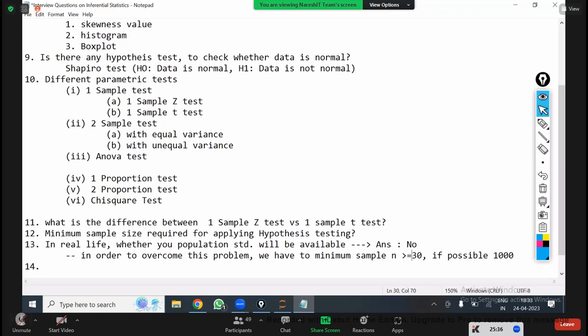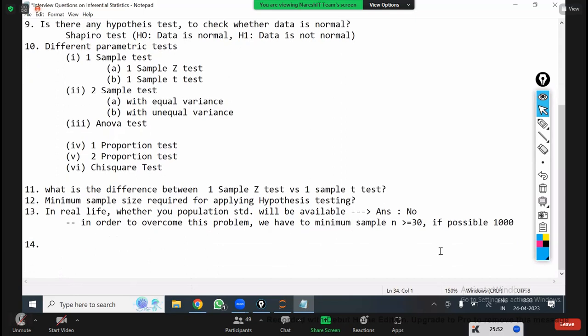The error rate at which the null hypothesis will be rejected is called the level of significance. So if they ask for a level of significance of 0.05, it means you have to reject the null hypothesis with a 5% error rate. You are not able to be exactly 100% sure. At least I want an accuracy of 95%. That is the requirement.